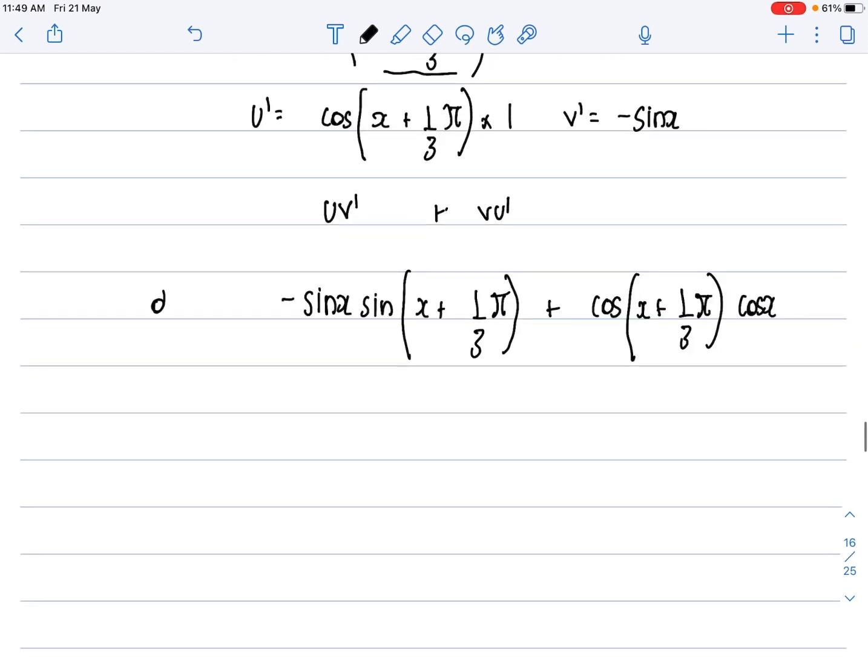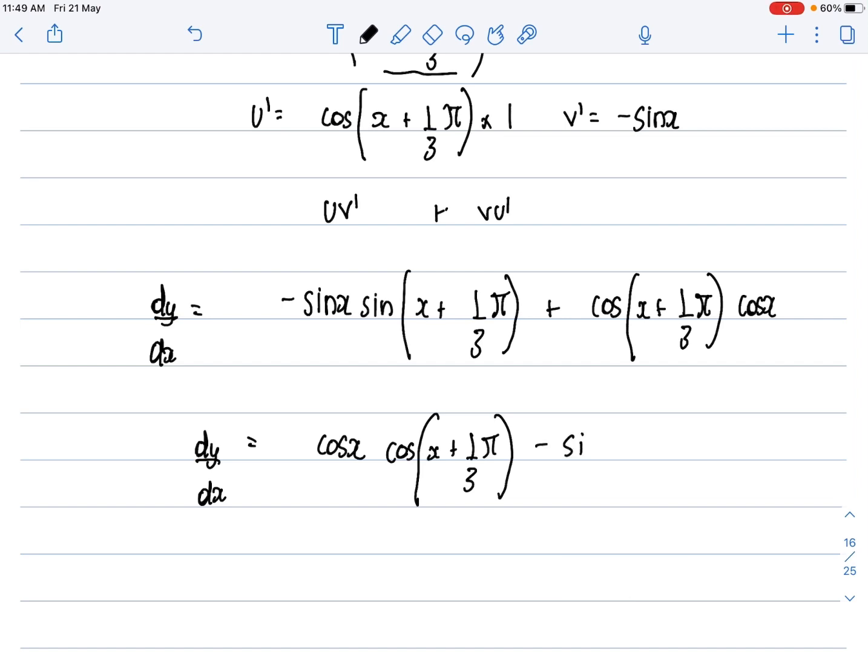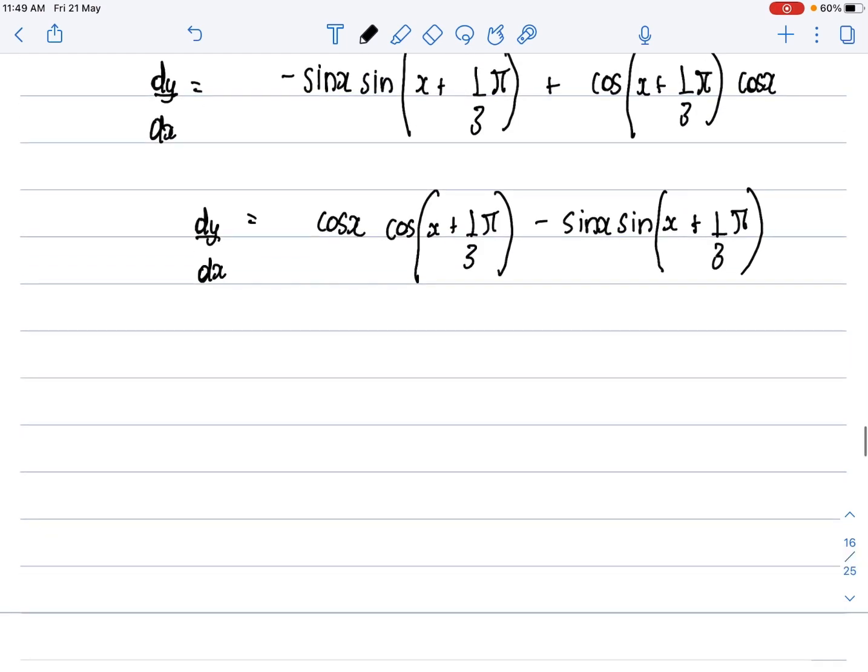So now I get my dy by dx basically as cos x cos (x plus 1/3 pi) minus sin x sin (x plus 1/3 pi). Okay, so this is my dy by dx.